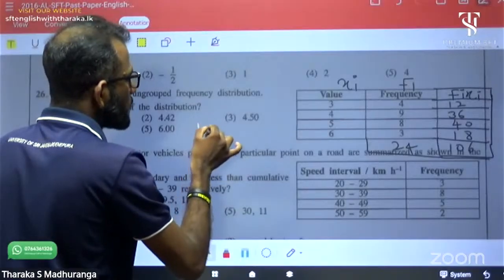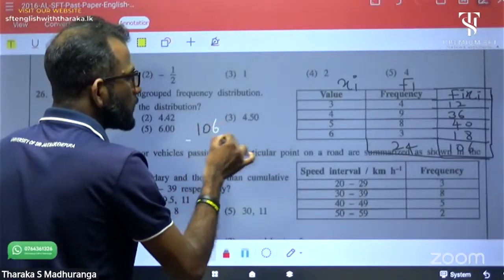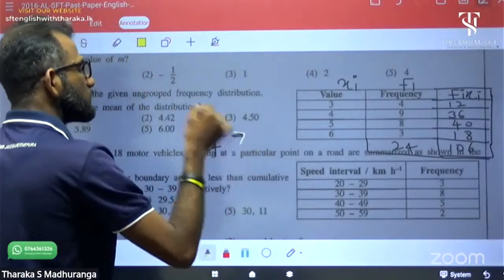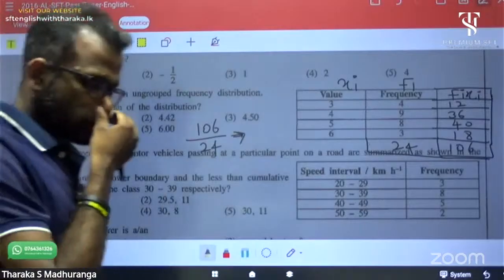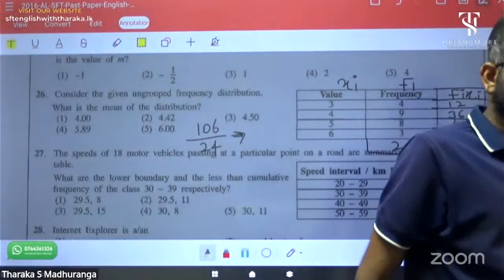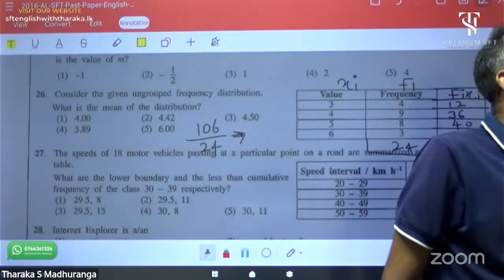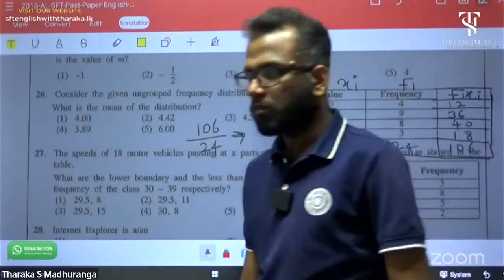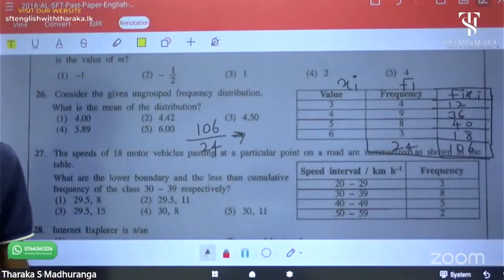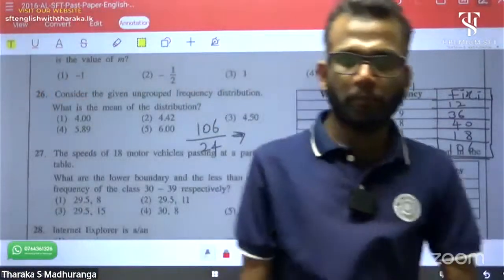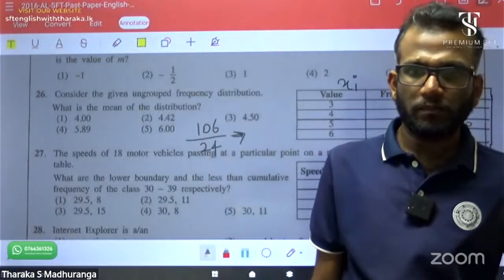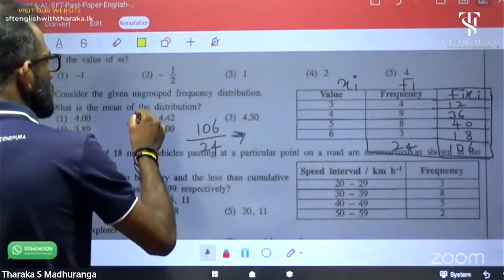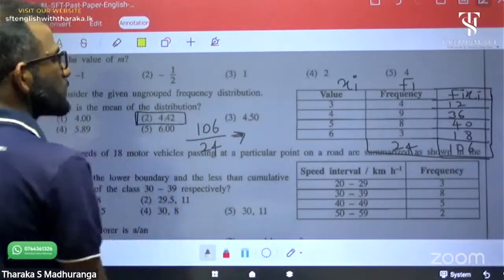Sigma fi xi means 106 divided by 24. What is the answer? It's 4.4.